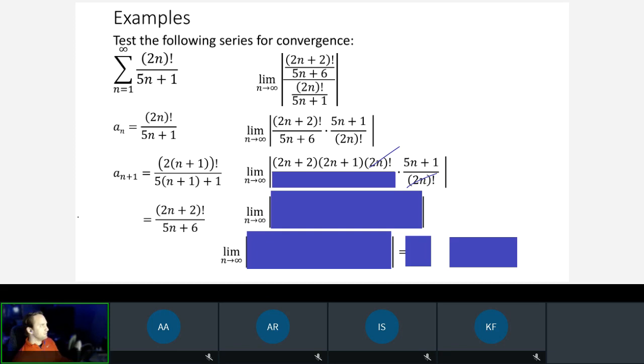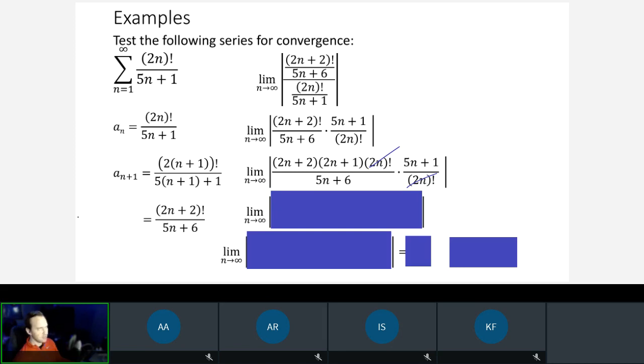The denominator. So the 5n plus 6. Can I factor that even more? The answer is no. So it's just 5n plus 6. Can I cross out 5n plus 6, 5n plus 1, anything?